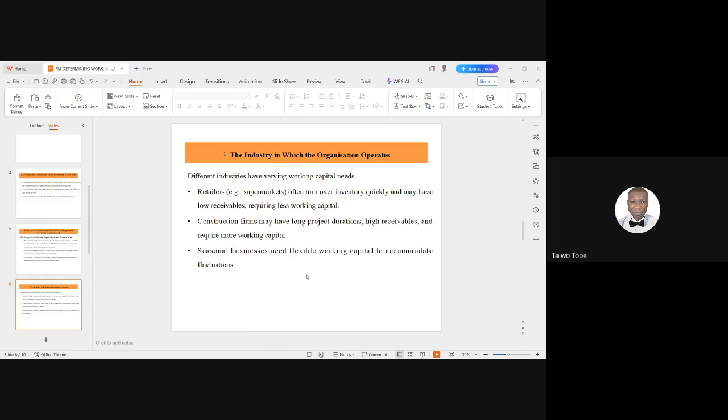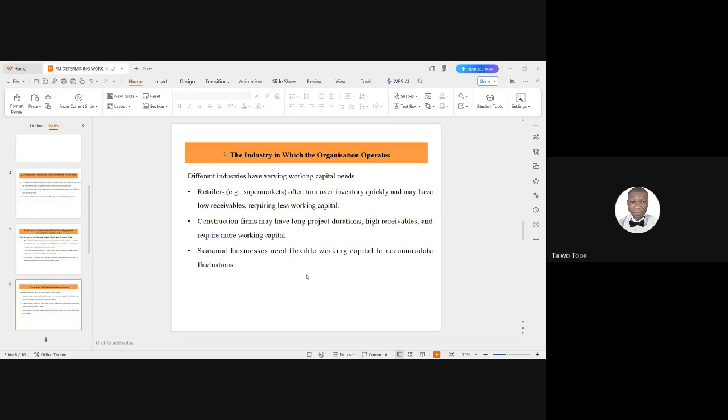So also we can have businesses whose peak periods are seasonal. So seasonal businesses, we can have toy manufacturers, farming. The feature of this form of business is that demand fluctuates throughout the year, and there is an impact on the working capital of organizations that operate in this type of business.